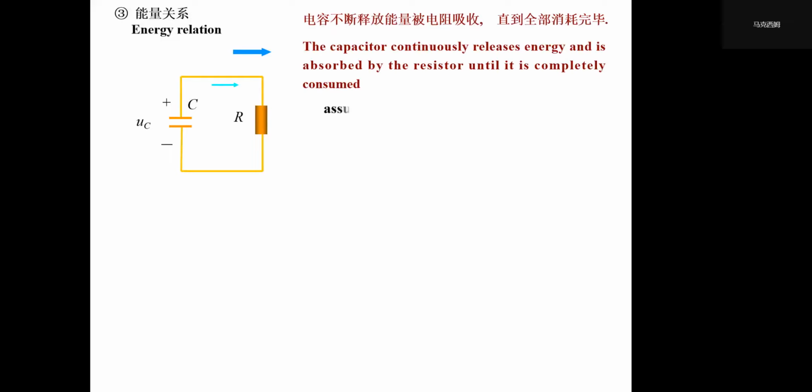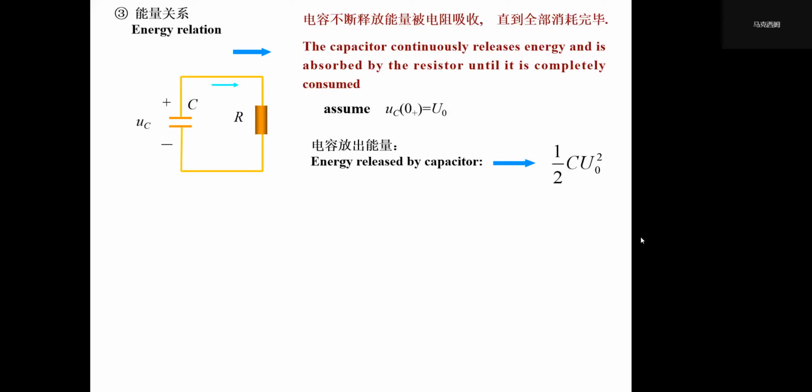The capacitor continuously releases energy, and the resistor absorbs the energy until all the electric energy is completely consumed and turned into thermal energy, into heat. So we can say that u(0+) equals U0, and the energy released by the capacitor is half of C U0 squared.